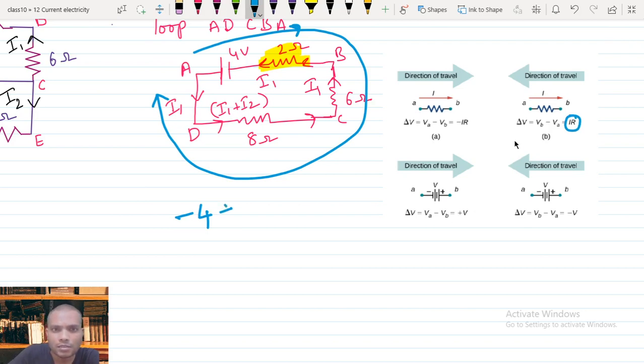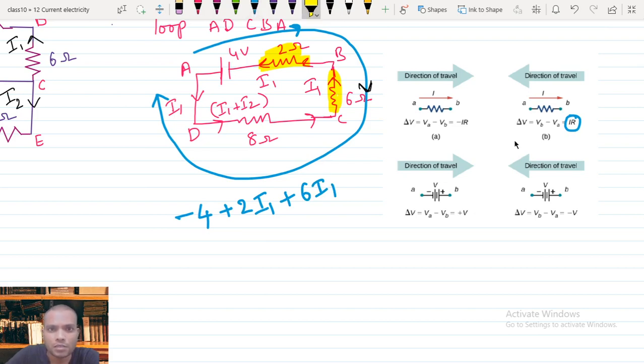So here it's a positive 2 ohm, and the current across that is I1. And when it comes to the BC arm, the current direction and my direction of traveling are again opposite. If it is opposite, we need to consider that as positive. I get 6 I1.